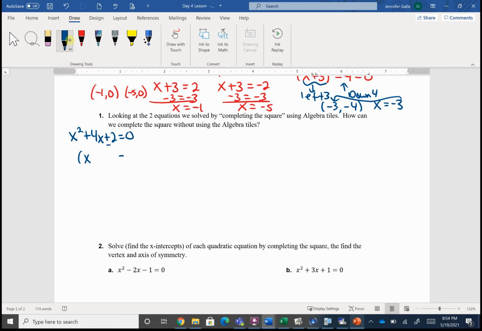Hang on, I forgot we had subtracted our 2 over our constant, our c. Then what we ended up with was x plus 2 squared, and we equaled positive 2 on that side because we ended up adding 4 to both sides.